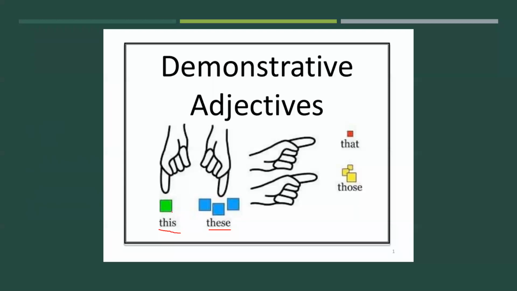In these cases the objects are nearer to us. In contrast, that is used for singular and those for plural, but the object is far from us. This is the only difference between this, these, and that, those.